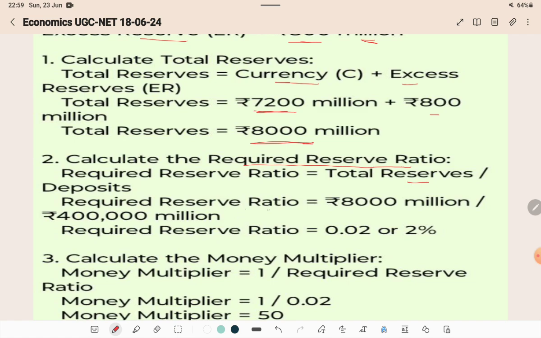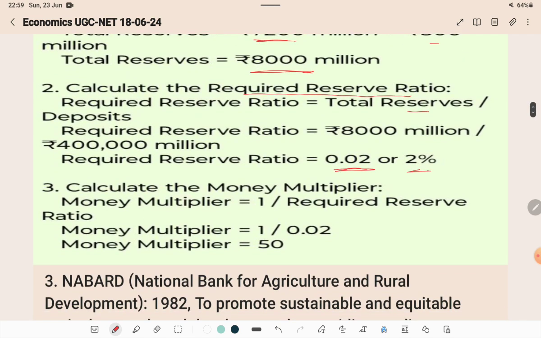So the required reserve ratio is 8,000 million divided by 400,000 million, so it will be 0.02 or 2%. Now calculate the money multiplier. The money multiplier will be 1 upon the required reserve ratio. So 1 upon 0.02 will give the answer 50.